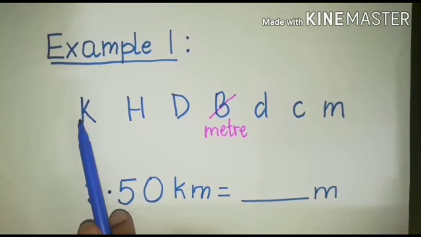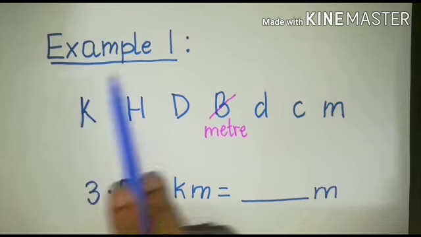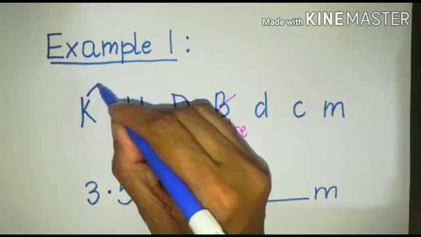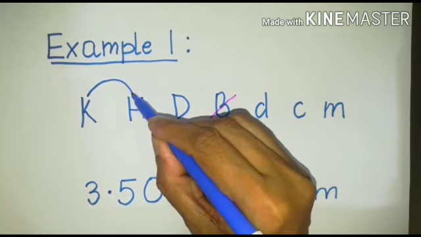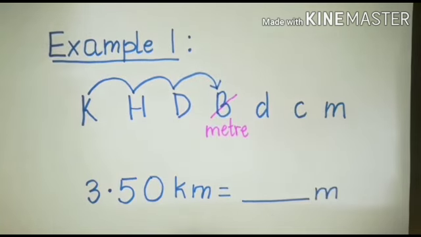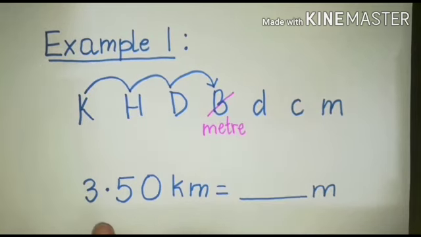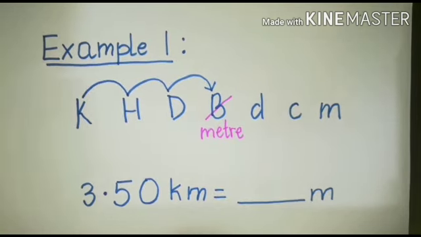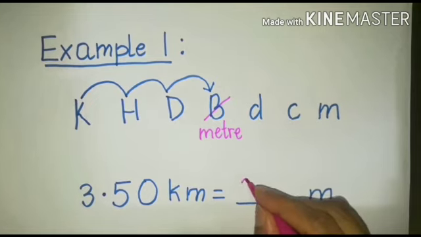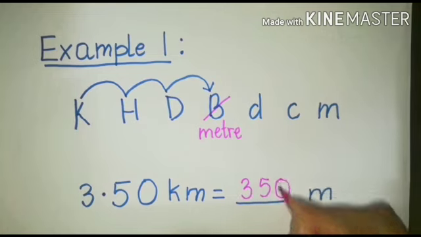Now I have to convert kilometer to meter, so I will move from K to meter. And since I'm moving forward, I will write 1 step, 2 steps, and 3 steps forward. So I have moved 3 steps forward, and I'm going to do the same in my answer. I will write the original number as it is, that is 350.